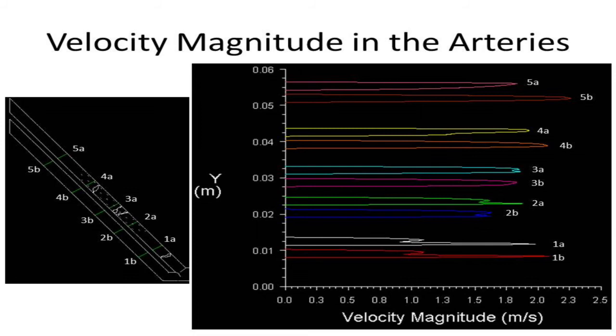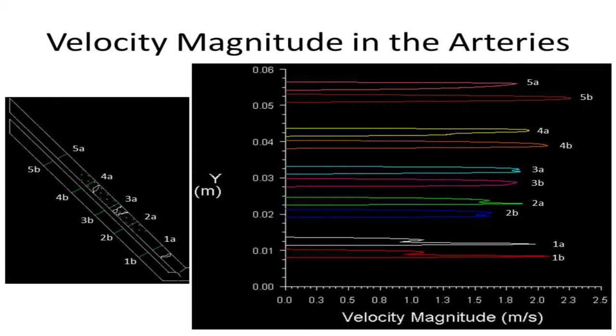And you can see here at 1A and 1B there is hardly any difference. Entrance. So whatever effect you are seeing here, slightly higher here, is because of this bifurcation. This bifurcation is allowing some flow to go through this, then some flow here. But if you go to 2A and 2B, the velocity profile is different.